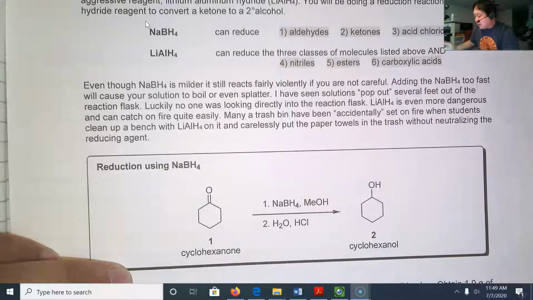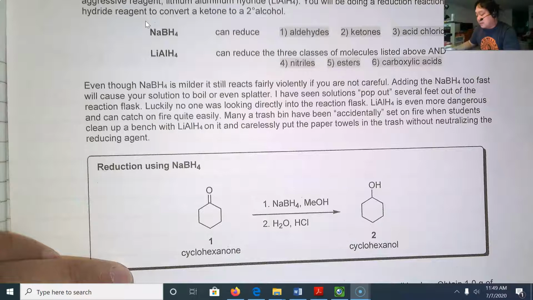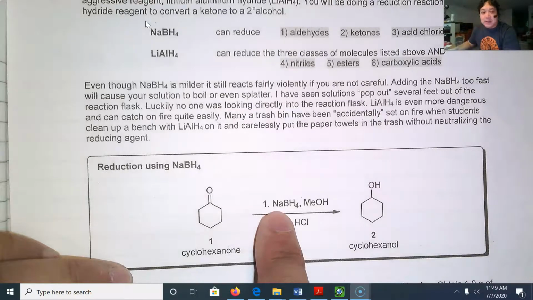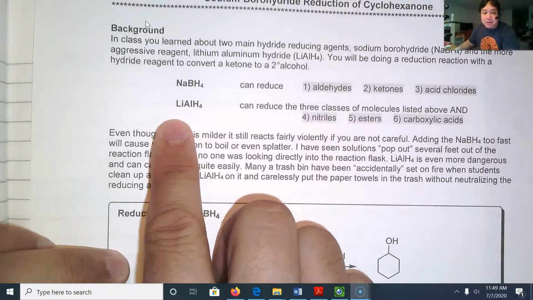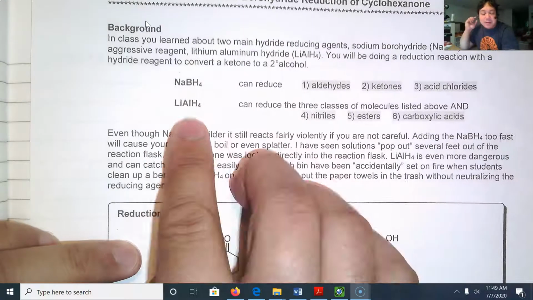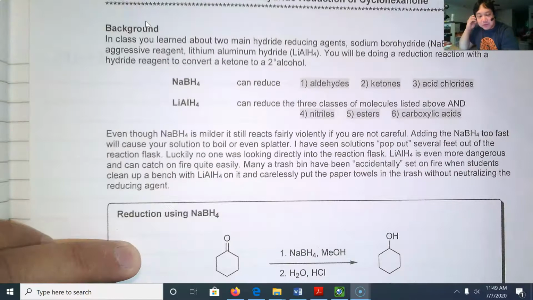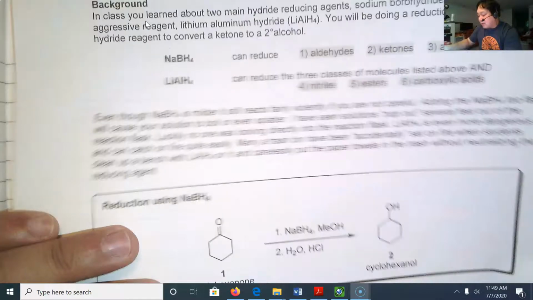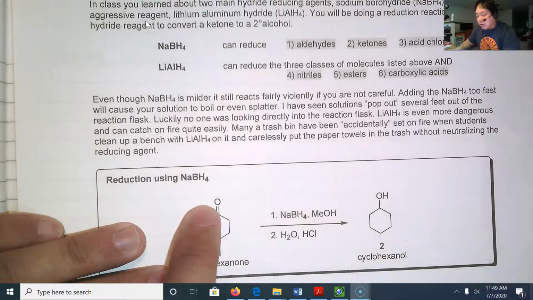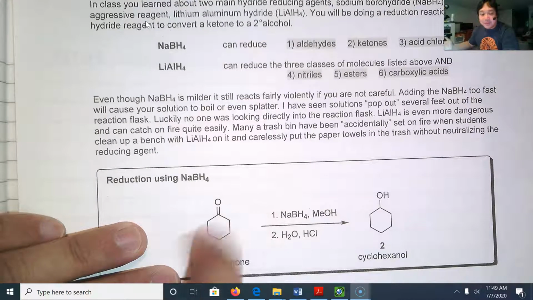And what do I want to talk about? I want to talk about the mechanism, because the mechanism is different than it is for lithium aluminum hydride. The mechanism for lithium aluminum hydride was discussed in one of the lecture videos. And simply you deliver a hydride to this carbon, you make the O minus, and then you protonate, and you're done.